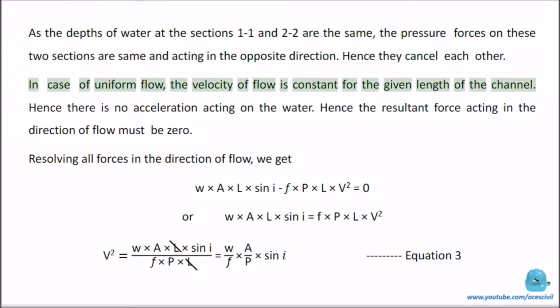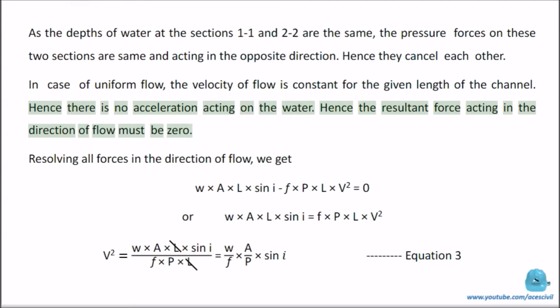In case of uniform flow, the velocity of flow is constant for the given length of the channel. Hence there is no acceleration acting on the water. Hence the resultant force acting in the direction of flow must be zero.